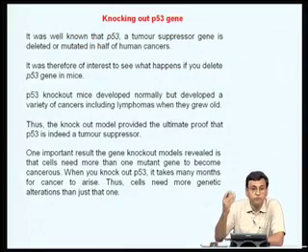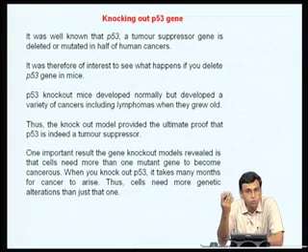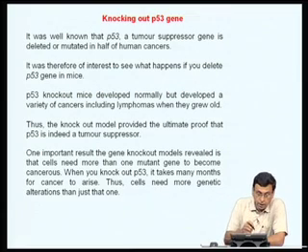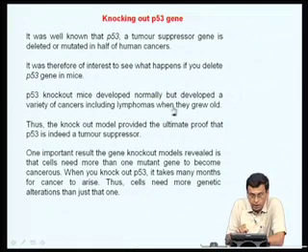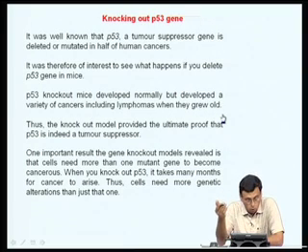Again, the P53 gene. P53 is a tumor suppressor gene, and people have done a number of experiments in a number of cell lines and shown that if you knock out the P53 gene, the cell line becomes cancerous, it becomes tumorigenic. But when they actually knocked out the P53 gene in mouse, the P53 knockout mouse developed normally, but developed a variety of cancers including lymphomas as they grew old.